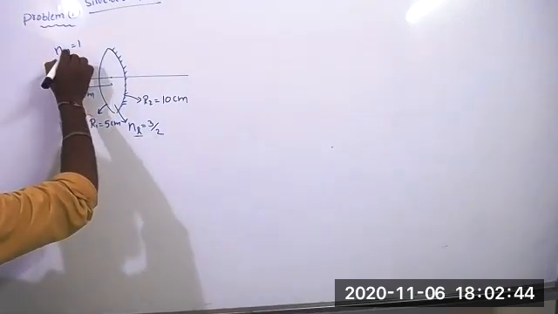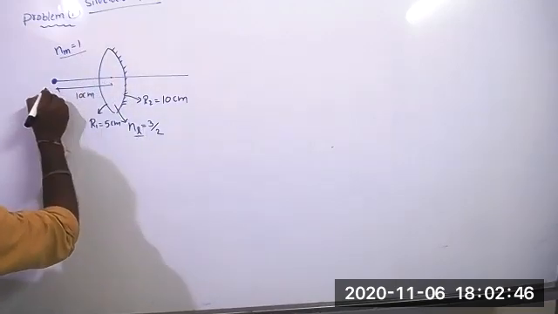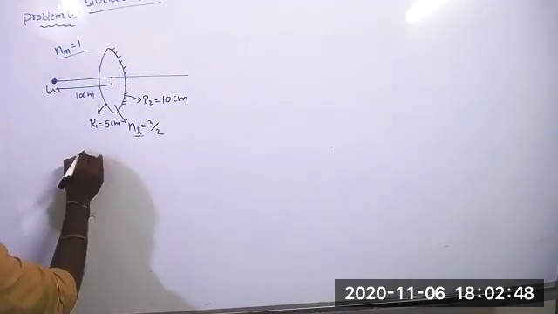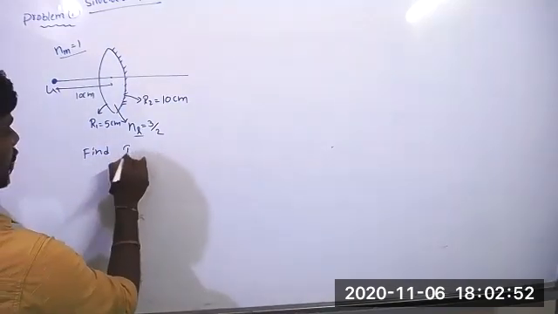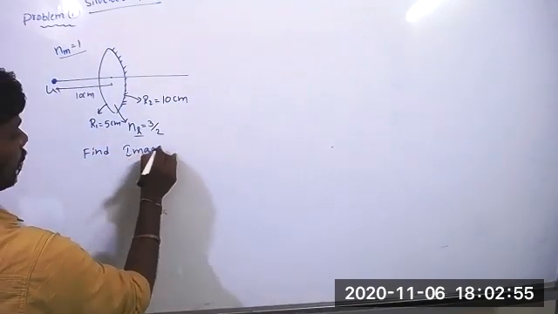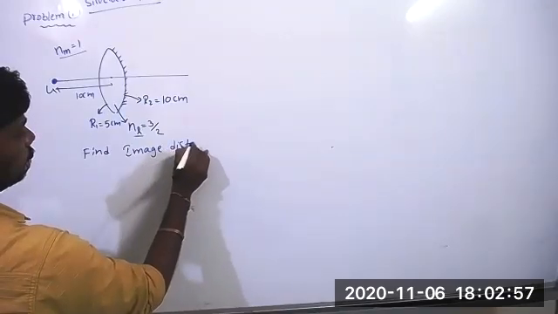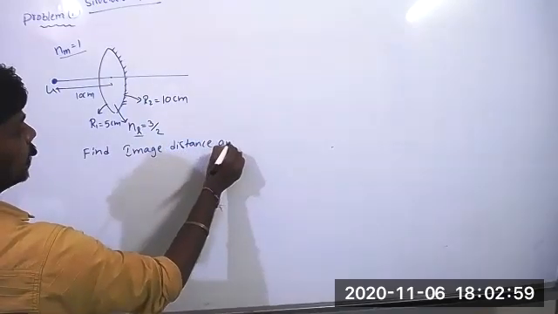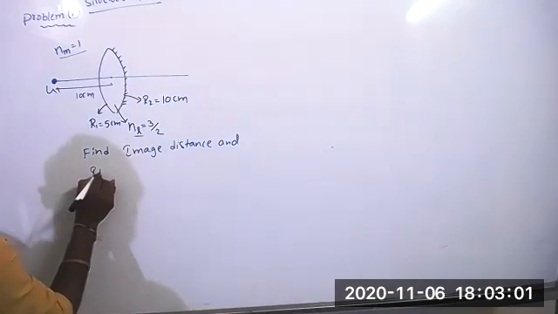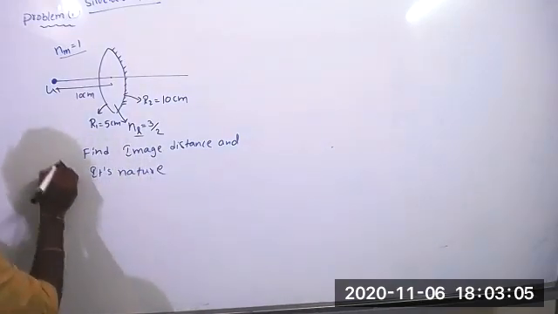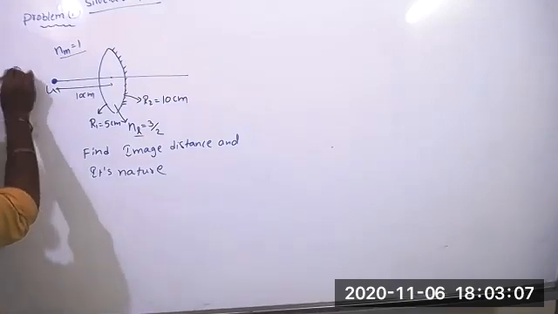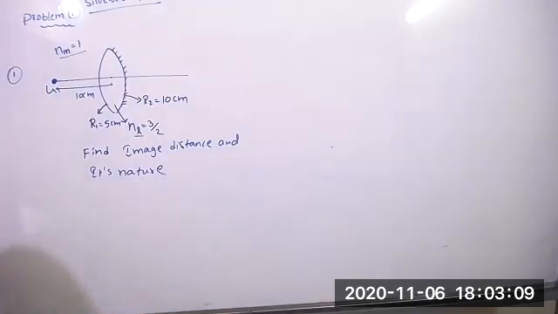Refractive index of the medium is 1, and object distance equals 10 centimeters. Find the image distance and its nature. This is the question.